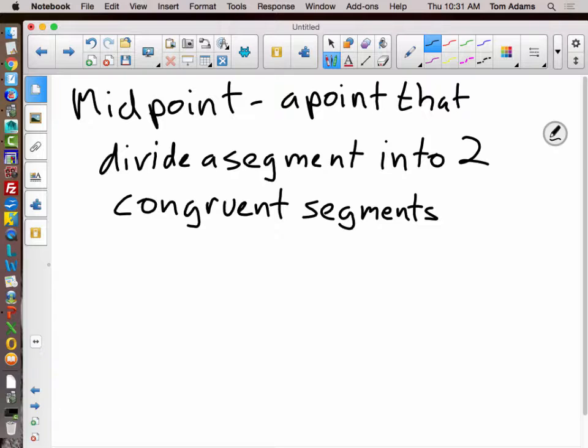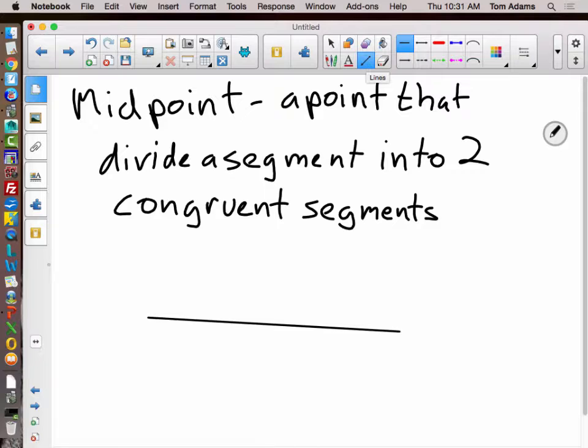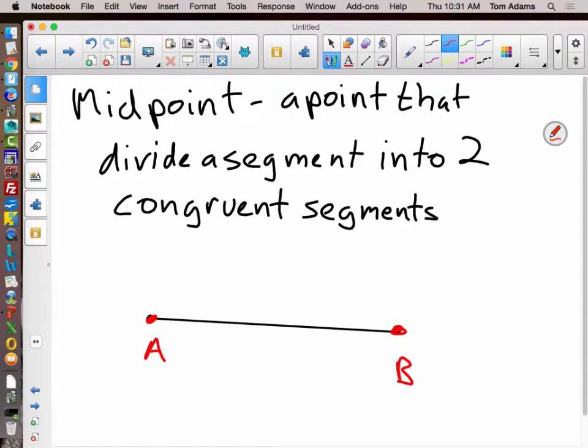Now, if we draw a line through it, well, first let's talk about that. So I'm going to have this line or segment, and we'll call this A. We'll call this B. Now, if I have a point here that is right smack dab in the middle, and I'm just eyeballing it, actually, I want to be consistent with the notes in the book. They did it this way.